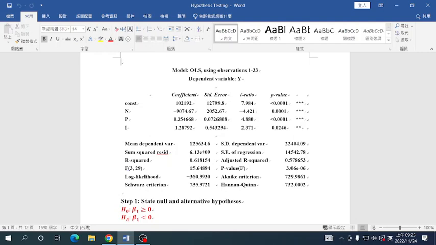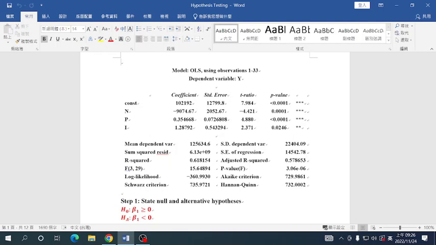So the model is useless. And this one says at least one beta is not equal to 0, the model is useful. So this is what we call the overall test.